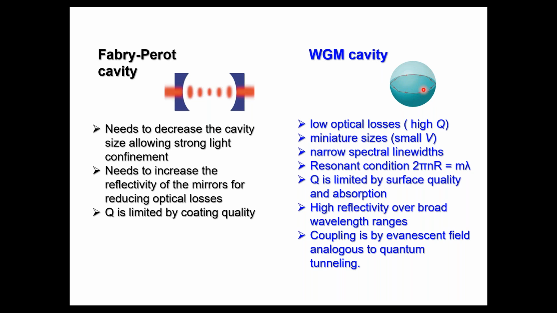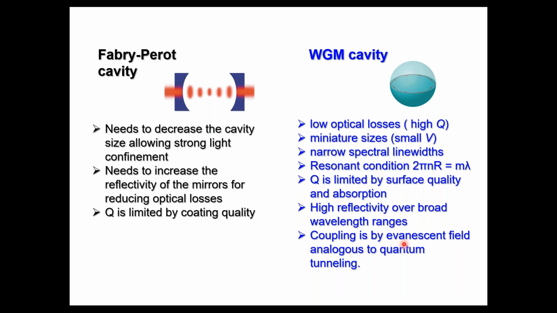The spectral line width, as we mentioned, the sharpness of the frequencies generated, can be very, very narrow. The resonant condition satisfied is, as I mentioned earlier, that the path length should be an integer multiple of lambda. The Q is limited by the surface quality and absorption only. High reflectivity over broad wavelength ranges.